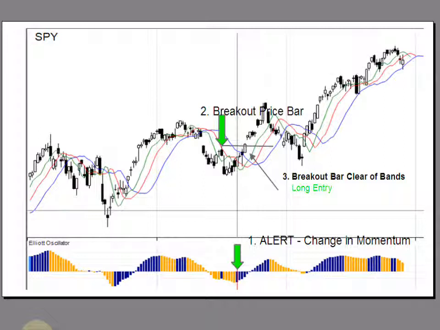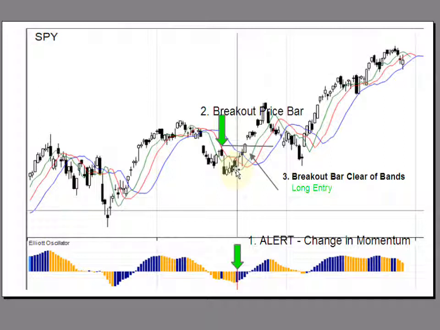Here's an example of putting all three elements together. Number one, we had an alert, a change in momentum, in this case from down to up, orange to blue. When the change in momentum occurs, we follow that momentum bar up, locate the first immediately preceding breakout price bar, and we note the high price.